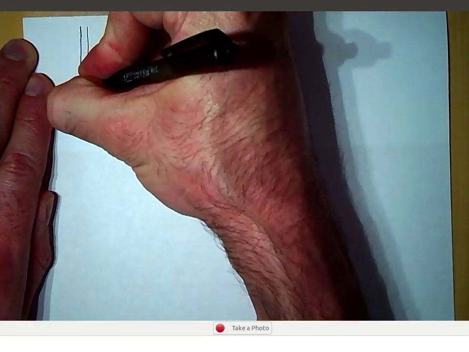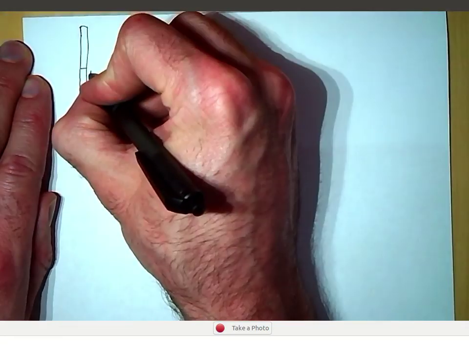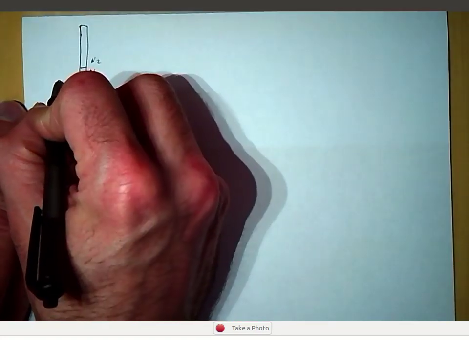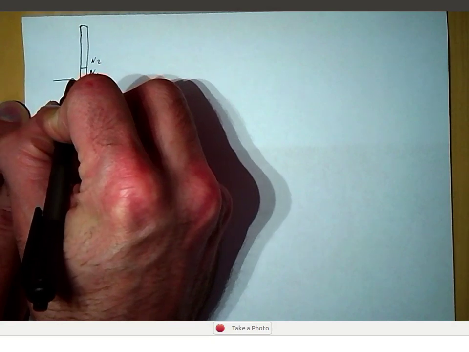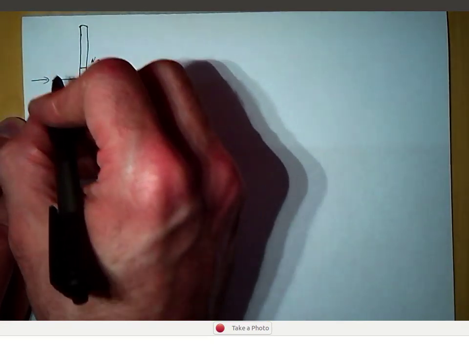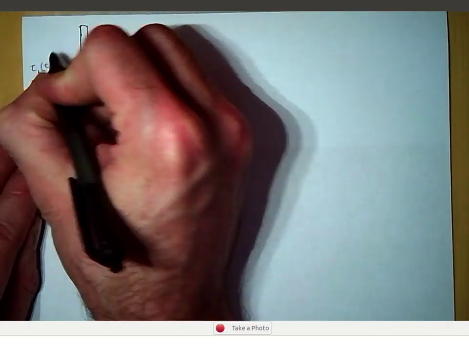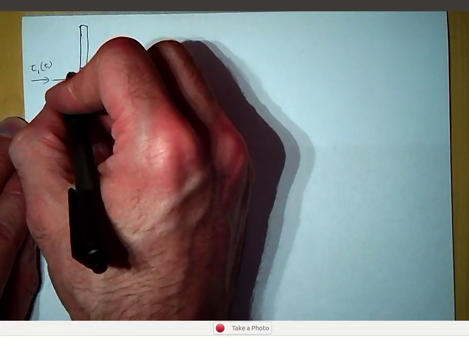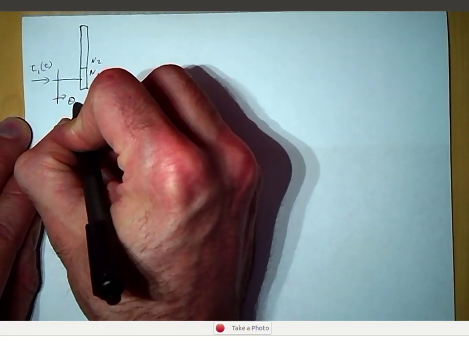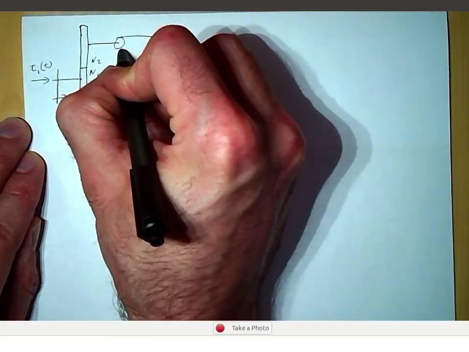First of all, let me begin with an example system. Here is our gear pair. We've got the input gear and the output gear, so N1 and N2, the number of teeth on the gears, and our input shaft, where we have the torque tau 1, and this is a function of time. The displacement of this shaft is theta 1, and on the output shaft we have some loading.